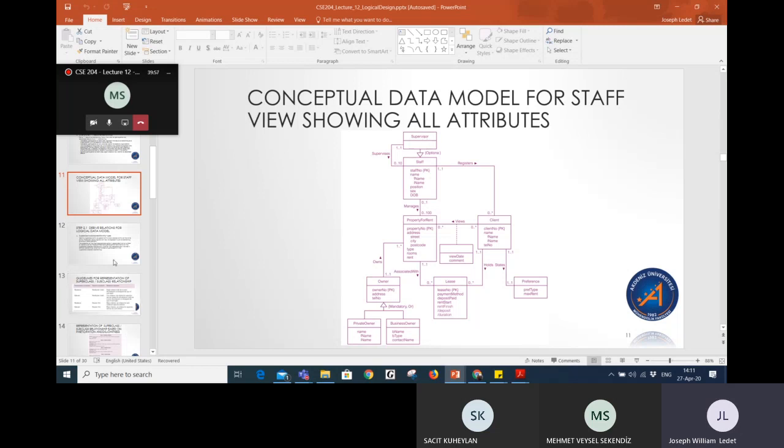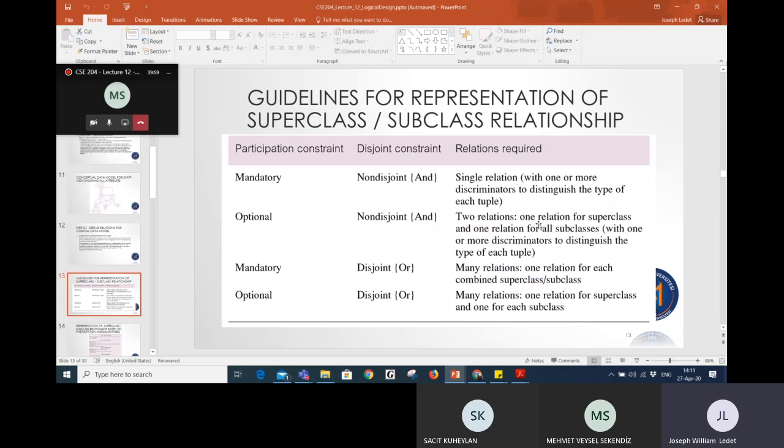So for optional, we have one relation for the superclass, and then one relation for all of the others together, because which one are they, or which 2 of those things are they? So one for the superclass, one for all of the subclasses.